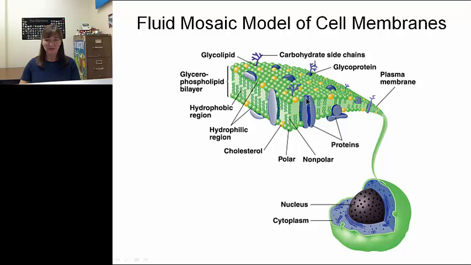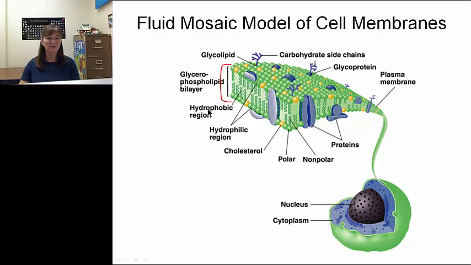And if we look at what they're doing, they're pulling out a small portion of the membrane. Let's go over some of these things. The plasma membrane is another word for the cell membrane here. It has some glycoproteins and some carbohydrate side chains, which we talked about. It has glycolipids as another portion. The glycerophospholipid bilayer, that's just what this whole region is. It has a hydrophobic region.